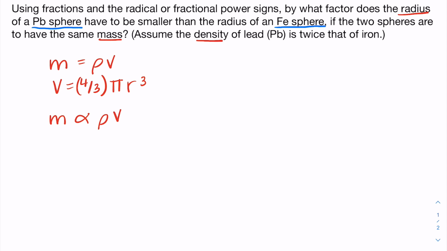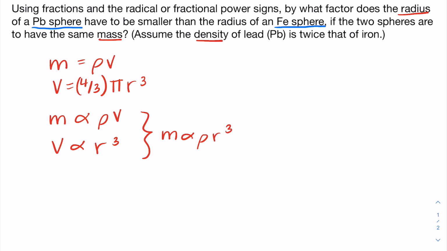Now for the second equation, we'll have volume is proportional to the radius cubed, because 4/3 and pi are both constants. Now just like for the last problem, we can combine these two proportionality expressions because they both have volume in it. So substituting in for volume, we have mass is proportional to density times the radius cubed.